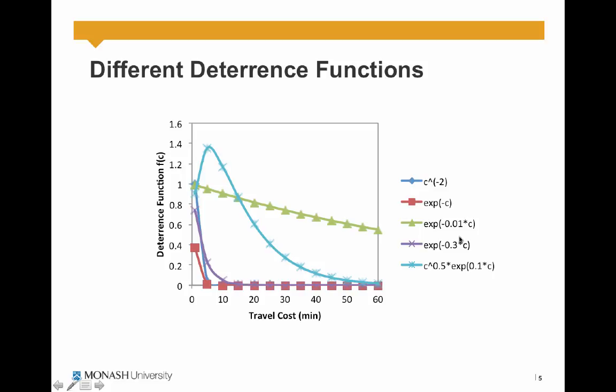All three of these are exponential deterrence functions with a different beta, and you can see how changing the beta would make the curve different. As travel cost increases, there's a decreasing trend in all of these deterrence function curves, but there is a slight difference in the beginning of the curves where the travel cost is not yet very high.